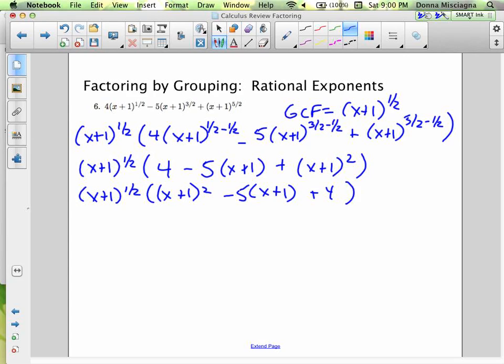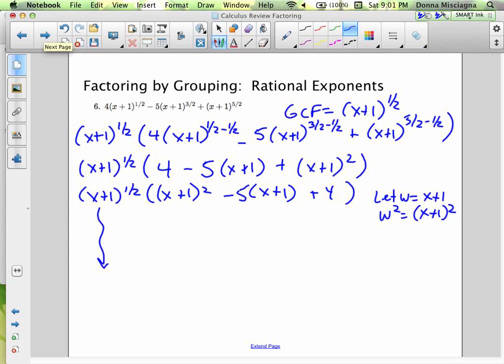And if you notice, we can use substitution to factor this nice and easy because this is quadratic-like, right? Let w equal x plus 1, w squared is x plus 1 squared. So that would give us, I'm just going to do this because that's going to be all by itself until we substitute back.